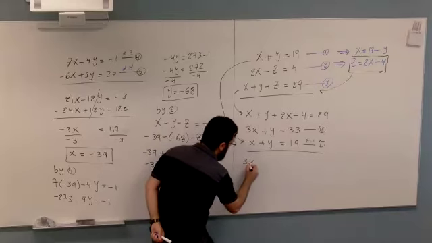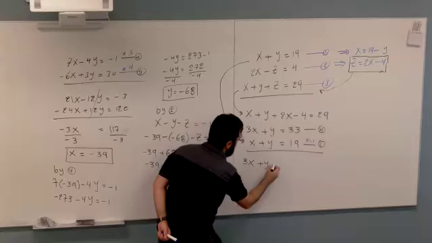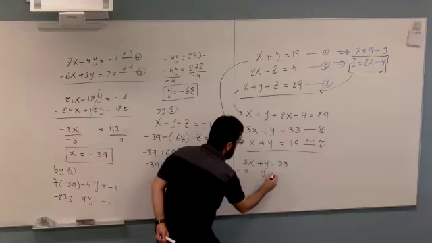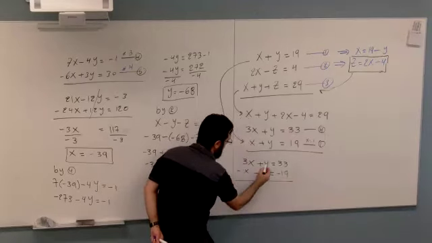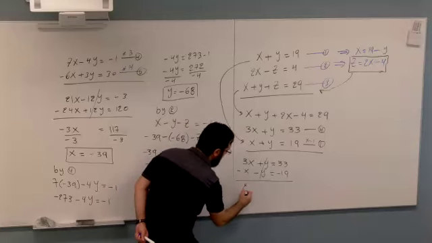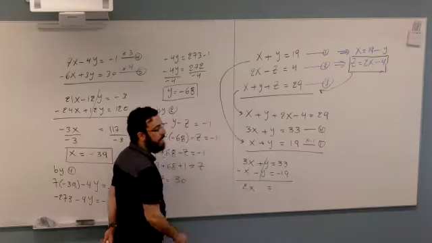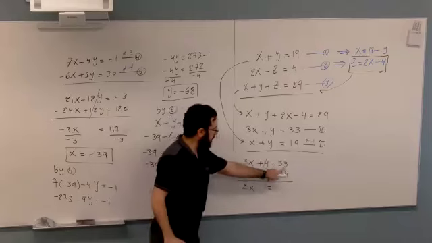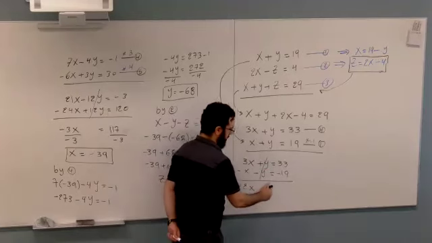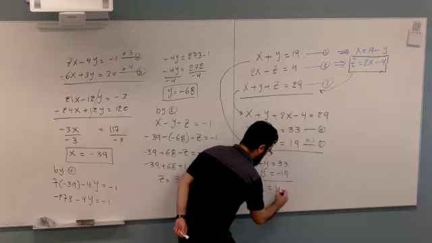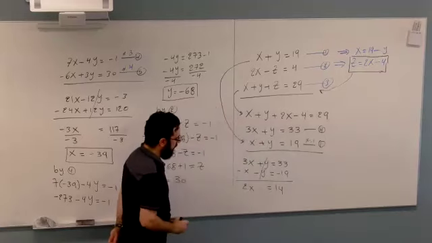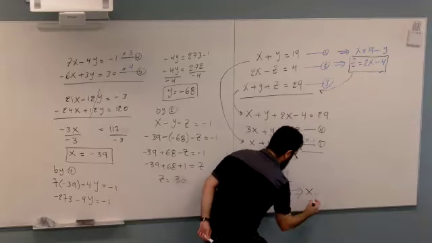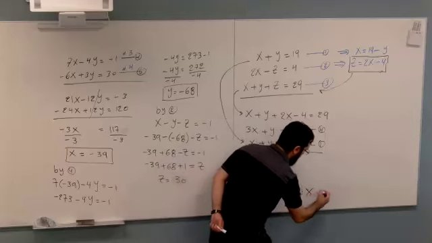So number 4 is going to be 3x plus y equals 33. The second one is going to be negative x minus y equal negative 19. Add here, 3x minus x, 2x equal 33 minus 19. Now from this one, x is going to be equal what? 14 divided by 2, 7.